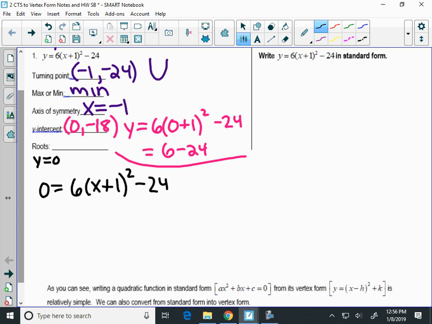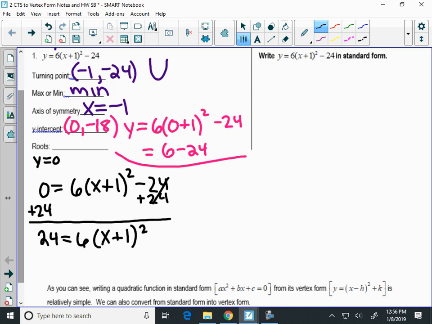The 24. So we start there by adding 24 to both sides. This should seem familiar after yesterday. And you'll get 24 equals 6 times (x plus 1) squared. Then you would deal with the 6. So you would divide both sides by 6 and get 4 equals (x plus 1) squared.